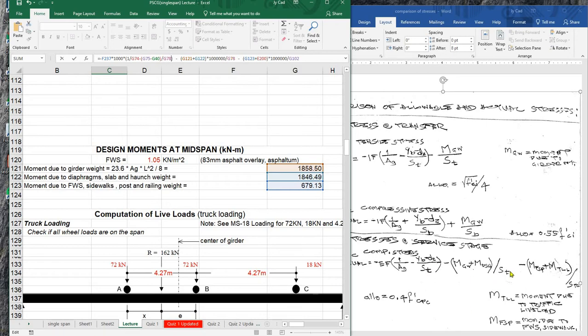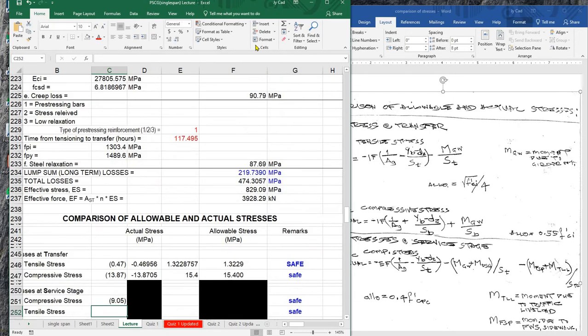Again, that is S sub T. Okay. So, they are the same. G78, G78. And then, this one, let's check. Anyway, I will now press enter. 9.05. There. Okay. So, that's how to check.